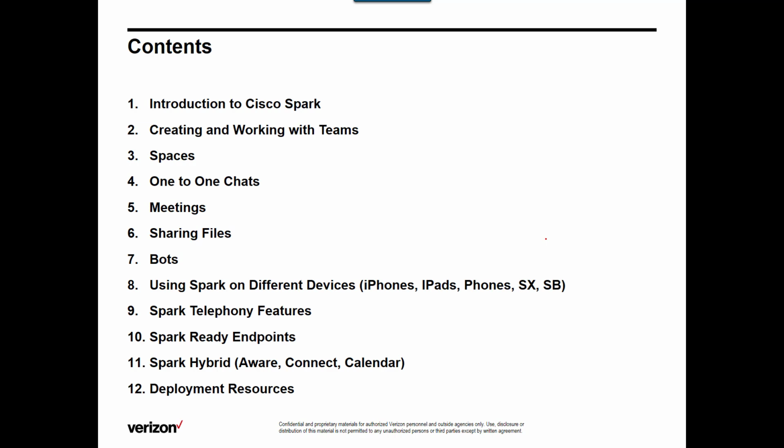And then I always have trouble with deployment resources, and what I mean by deployment resources is how do I keep updated with all the Spark stuff? This is an ever-growing ecosystem, whether it be Slack, Microsoft Teams, or Cisco Spark. These big giant vendors are jockeying for position, so they're releasing features every few weeks and changing things.